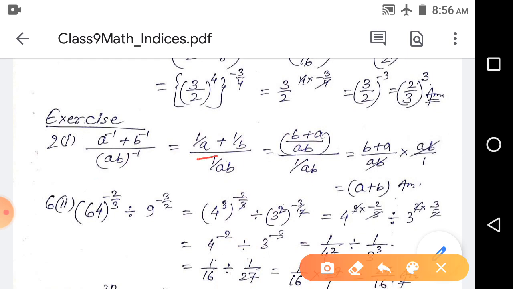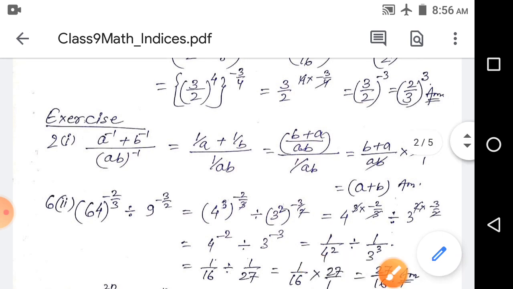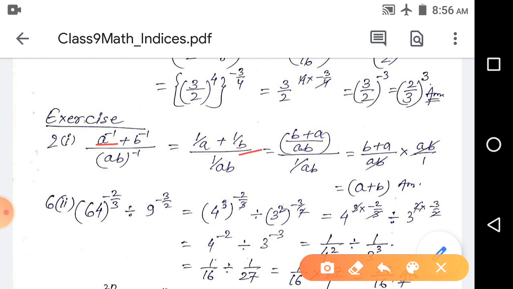So 1 by a to the power 1 means 1 by a. Here also 1 by b to the power 1 means 1 by b. So we can write 1 by a plus 1 by b for a to the power minus 1 plus b to the power minus 1. And for this ab to the power minus 1, we can write 1 by ab.